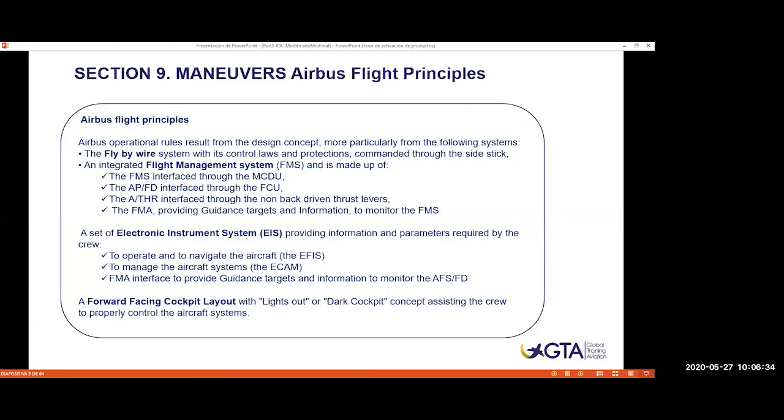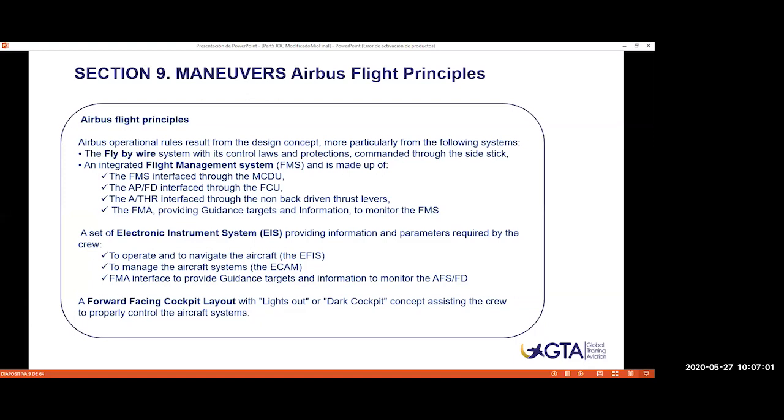Okay, now we are going to talk about the Airbus fly principles. Remember that Airbus has its own philosophy, and after so many studies, they think that the best way to create a new aircraft like the A320 is to make it a little bit different from the rest.